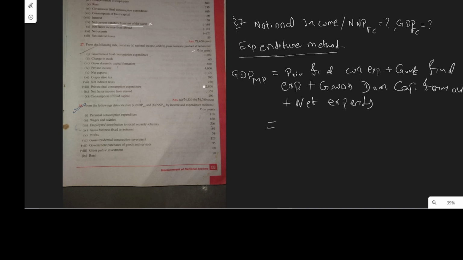Private final consumption expenditure is given as 2800, right? Then government final consumption expenditure is given as 1500. Gross domestic capital formation is given as 800. Net exports is given as minus 70. So plus minus 70.